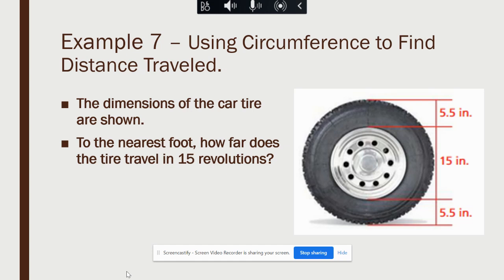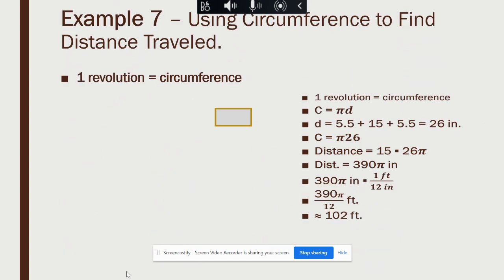So here we have the dimensions of our car tire, and we want to know to the nearest foot how far the tire travels in 15 revolutions. So if I spin the tire 15 times, roll it 15 times all the way completely around, how far would that go?